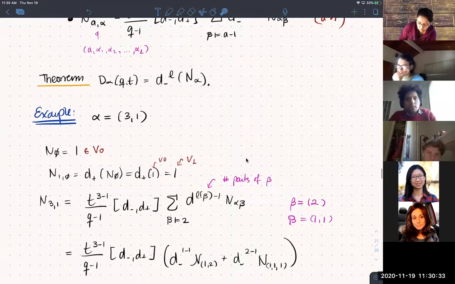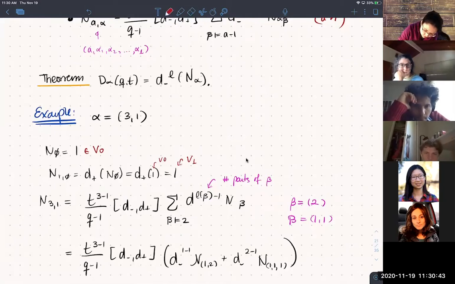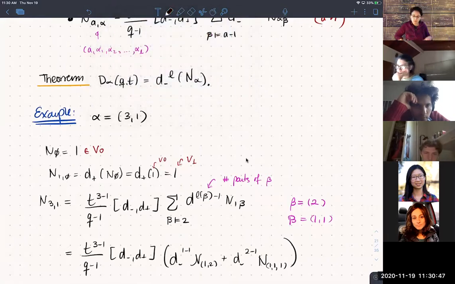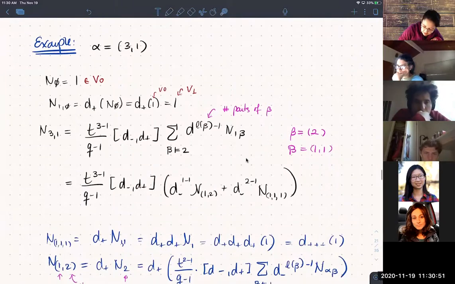So basically you have 2 and then you have 1, 1, and that's it. And then alpha should be 1. This is 1.